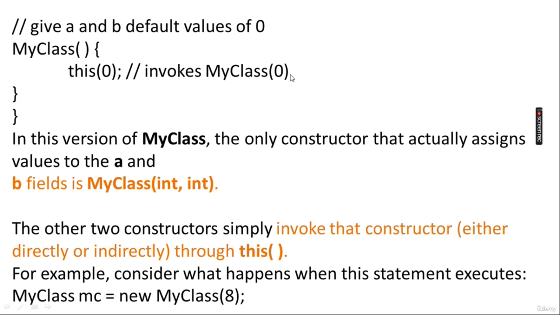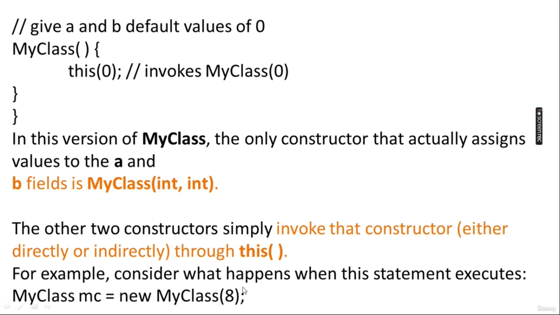In this version of MyClass, the only constructor that actually assigns values to a and b is MyClass(int i, int j). The other two constructors simply invoke that constructor either directly or indirectly through this.